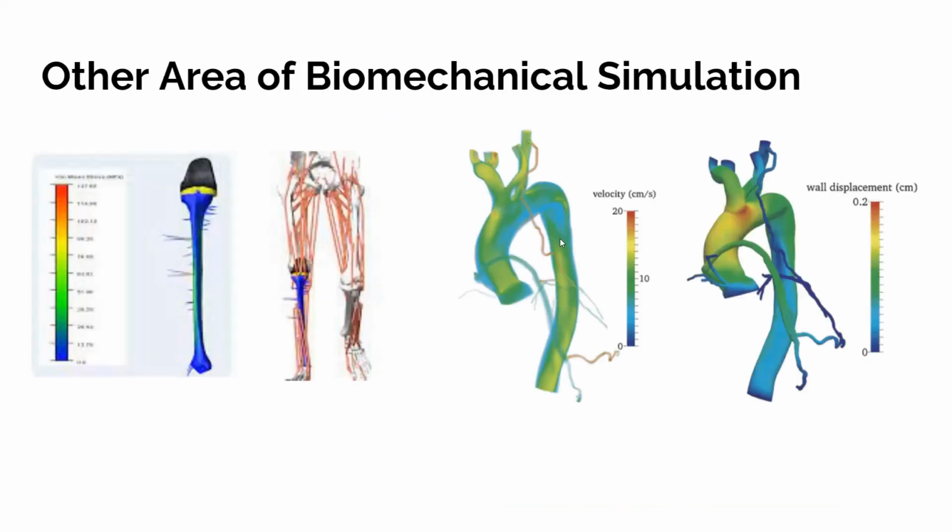Another area of simulation: here we studied human factors, movements and ergonomics. Another area of biomechanical simulation is the finite element method (FEM), which helps us understand the structural strength of bone: when the bone is going to fail and how much load is acting on it. There is also computational fluid dynamics, to understand the fluid dynamics of the human system, any biological system, such as how blood flows inside a vein and how the heart functions, especially the circulatory system.